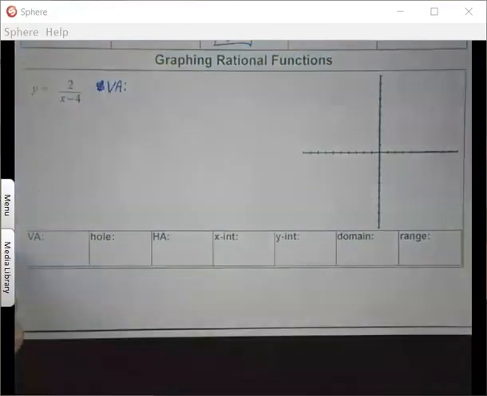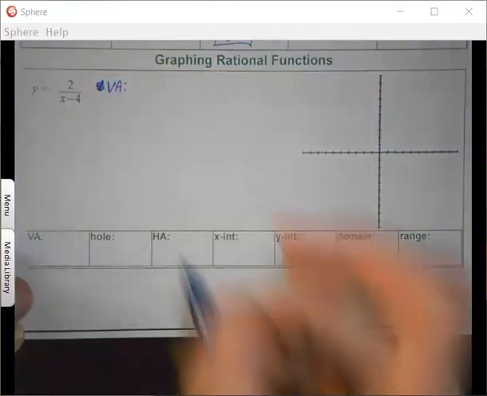Now, to find the vertical asymptote, we want to set the denominator equal to 0. And the reason is our vertical asymptote happens when the denominator is 0. The idea is, remember, we can't divide by 0. So we want to exclude that value. So that's where our asymptote's going to be.